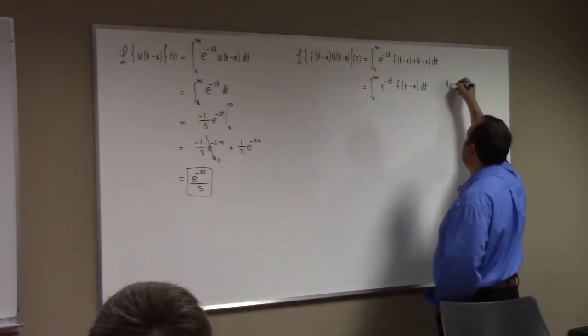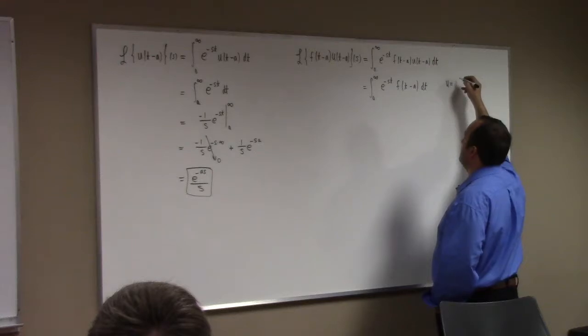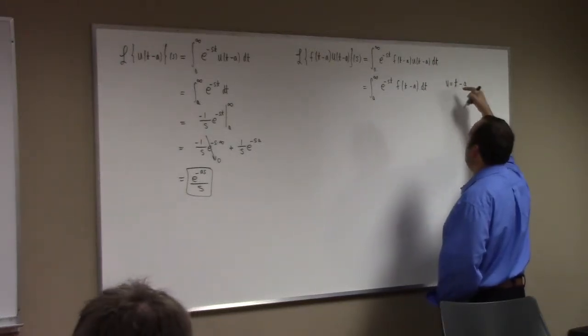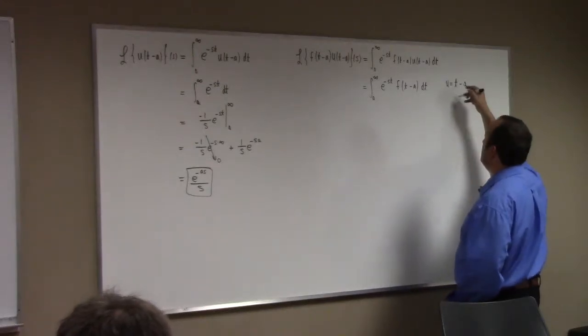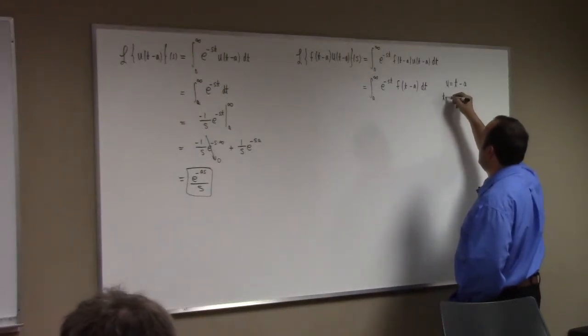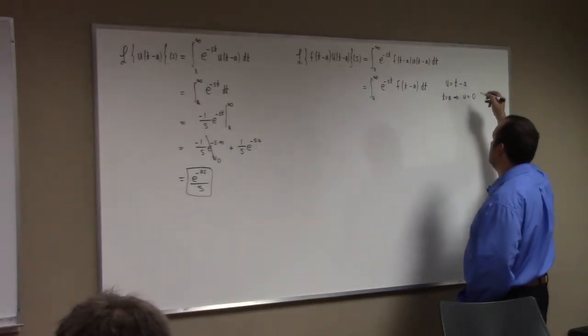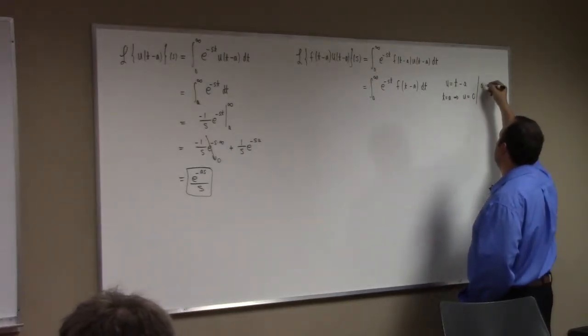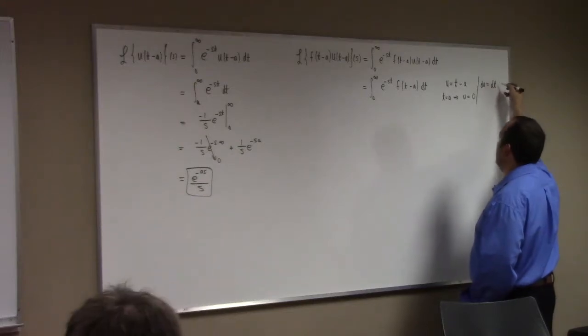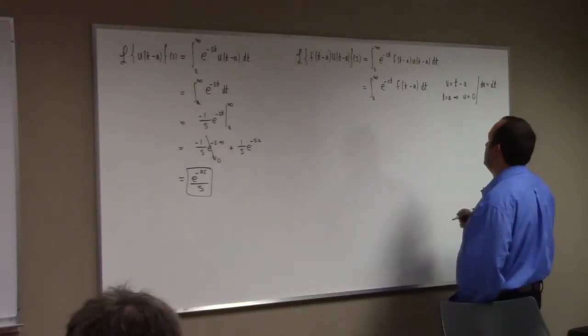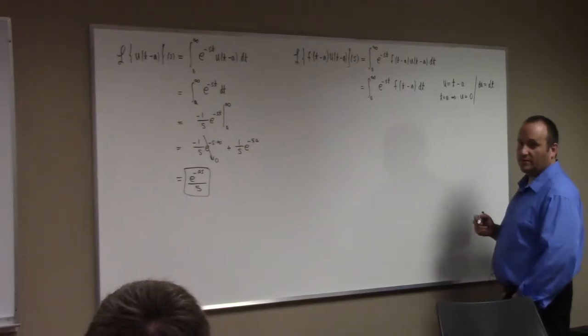What if I let u equal to t minus a? Maybe that'll work. If you take u equal to t minus a, then t equals a implies u equals 0. Hey, that looks like a winner. du is equal to dt. That's not too bad, right? And all right, so we're off to the races.